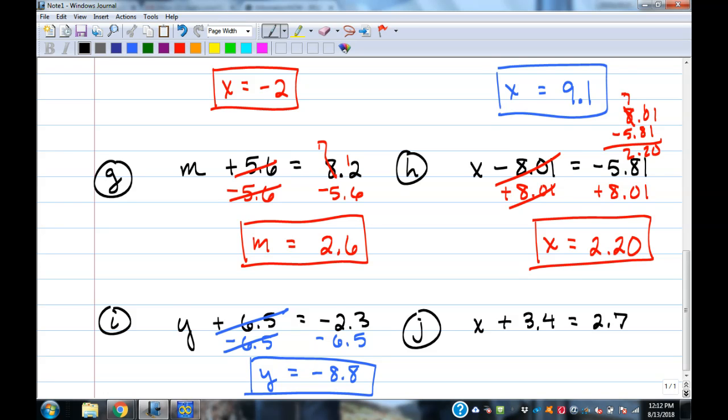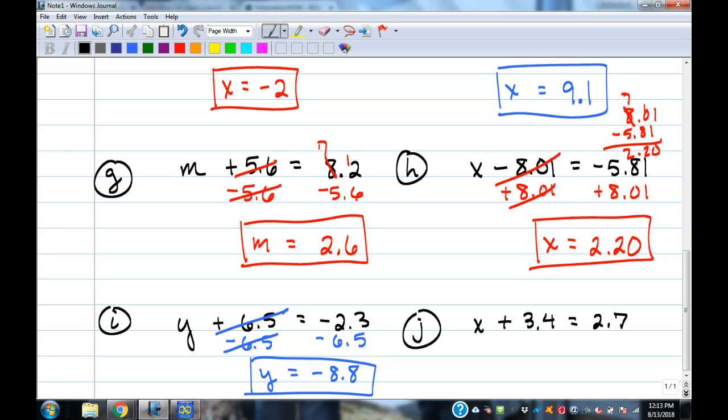Jenny, that's incorrect. Operation. That's subtraction.